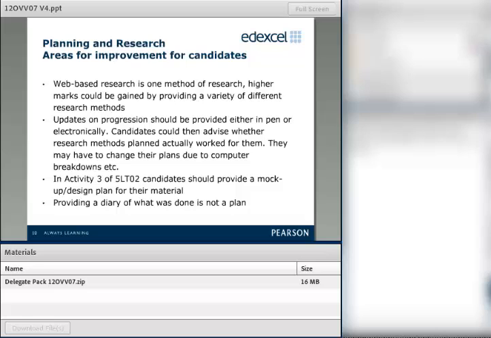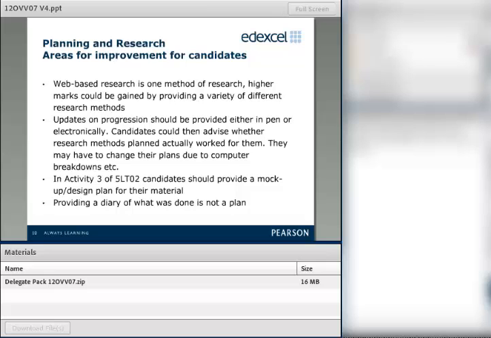Because to be fair, it's not a working document plan if they don't actually provide updates, either in pen or electronically, by adding an additional column to the end of their plan. We don't really mind, but it's fairly obvious who is actually using it as a working document.